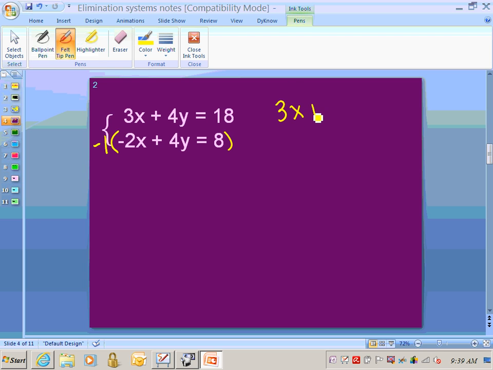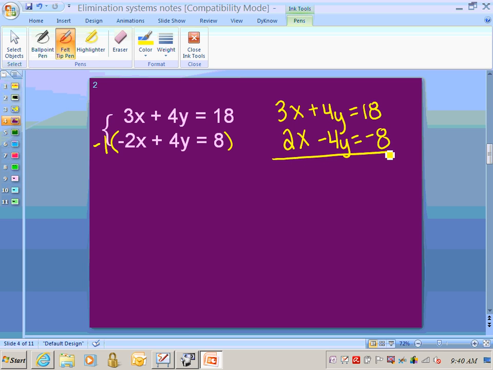So 3x plus 4y equals 18. And the bottom one will be positive 2x minus 4y, very good, equals negative 8.